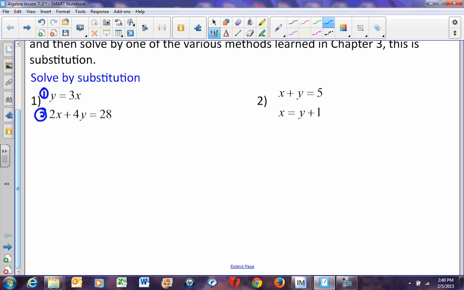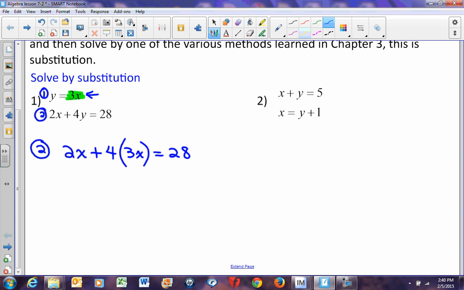So now all I need to do is, in equation 2, every time I see y, I'm going to plug in 3x, because that's what it says y is equal to. So in equation 2, I have 2 times x plus 4 times y, but remember, y is equal to 3x, so I will plug in 3x in place of y, and that equals 28.